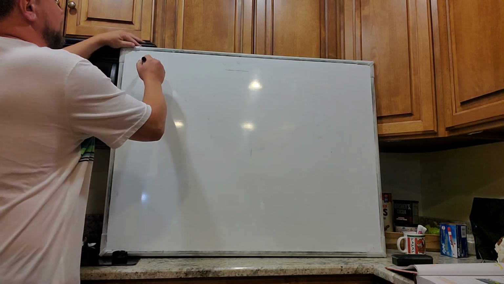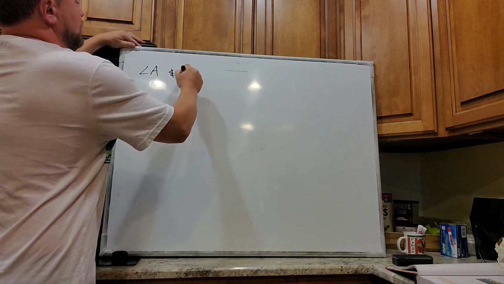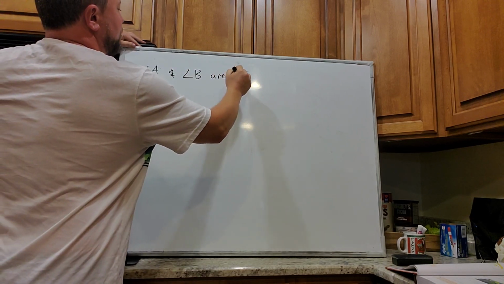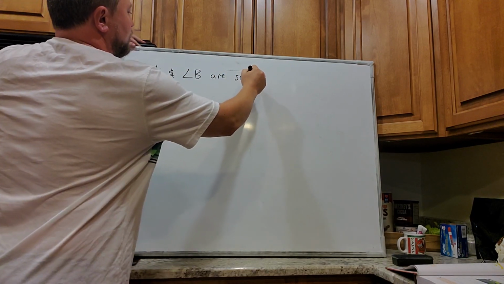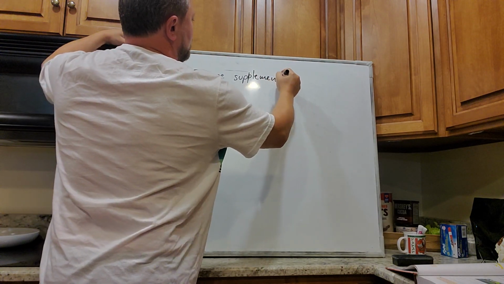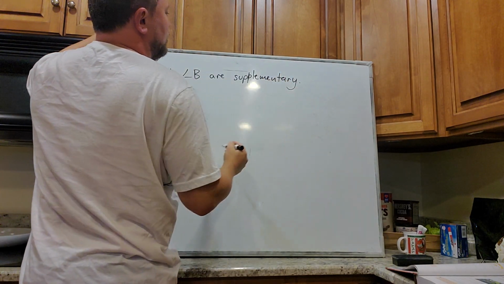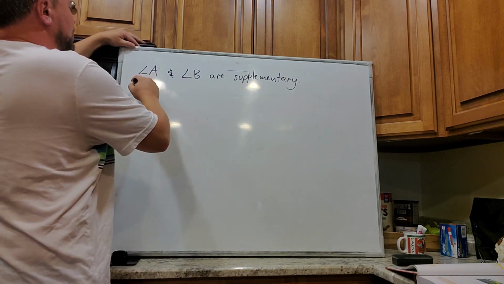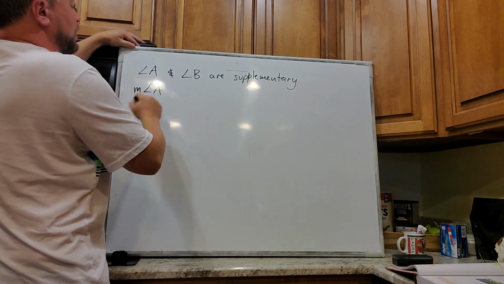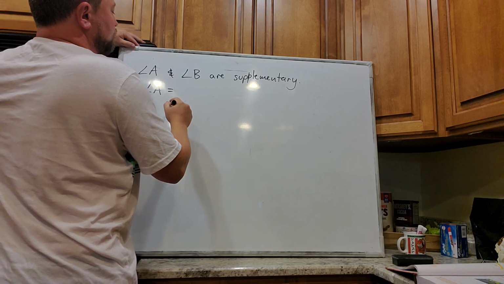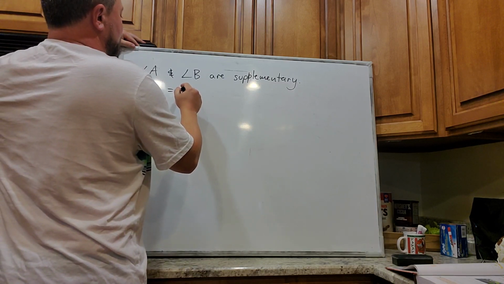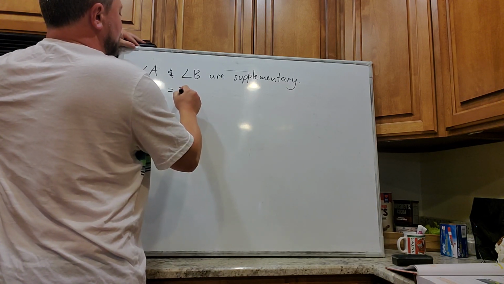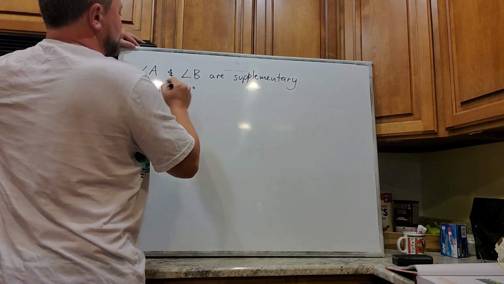You know, they might say that angle A and angle B are supplementary. And then they might tell you some more information, like, oh yeah, and the measure of angle A is, I don't know, let's say 74 degrees.